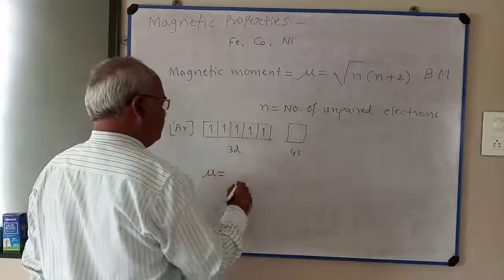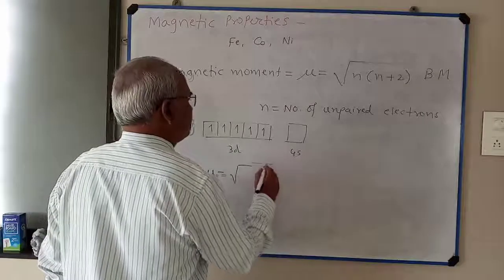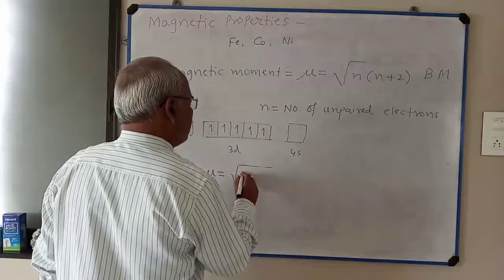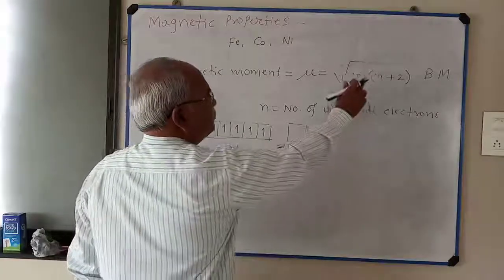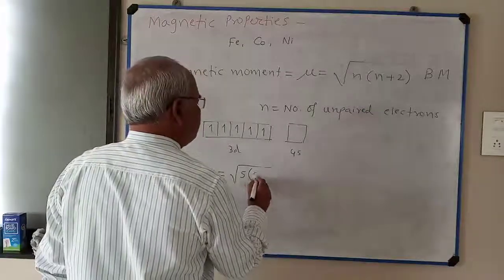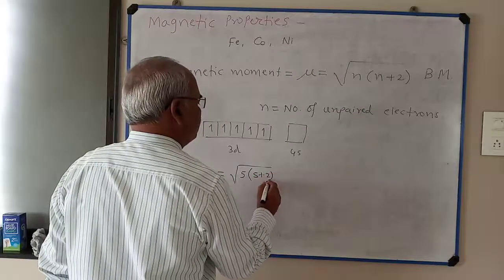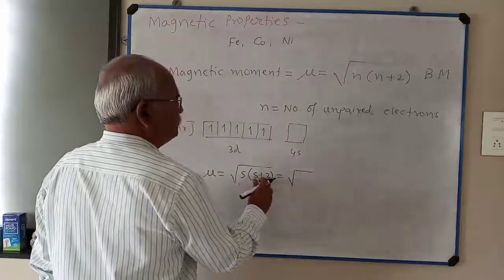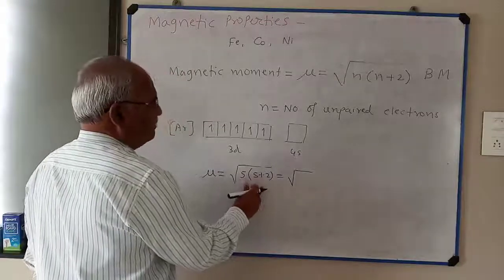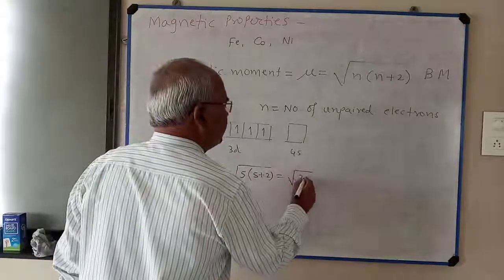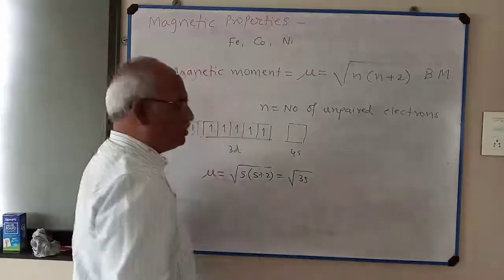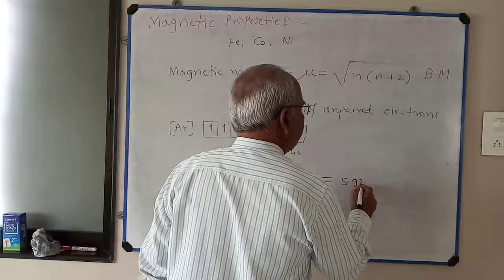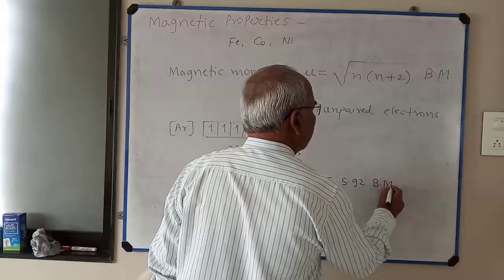Mu is equal to under root of n into n plus 2. 5 unpaired electrons are present, therefore substitute n is equal to 5: under root of 5 into 5 plus 2, that is under root of 5 into 7, square root of 35, that is equal to 5.92 Bohr magneton.